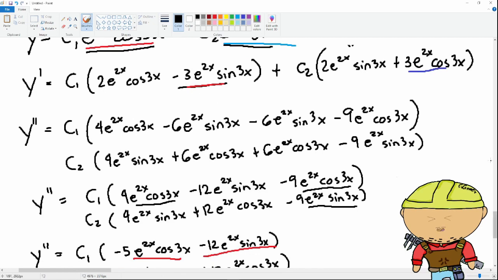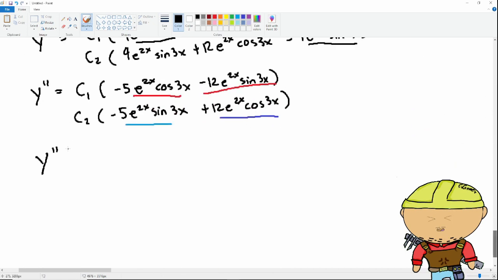This is 3. So, if we subtract 4y prime, let's do that first.